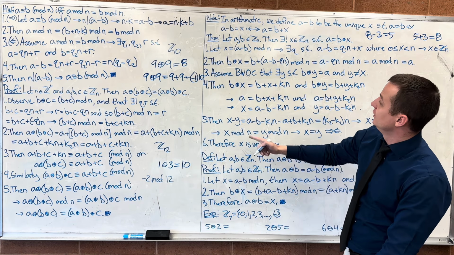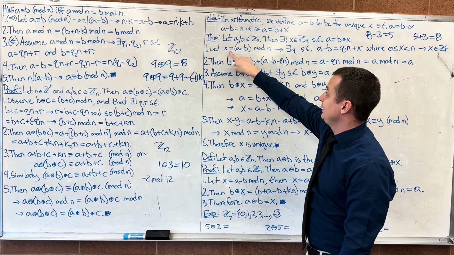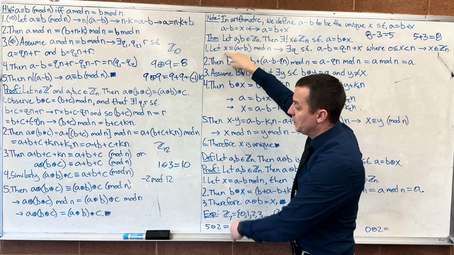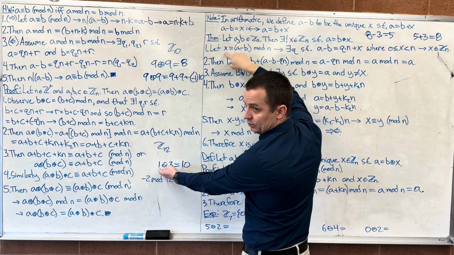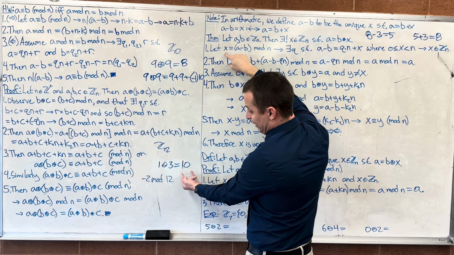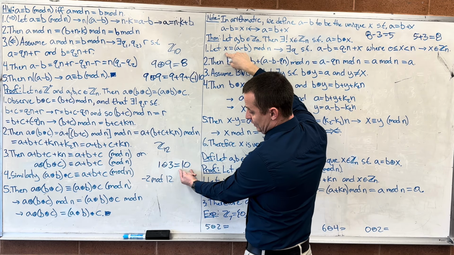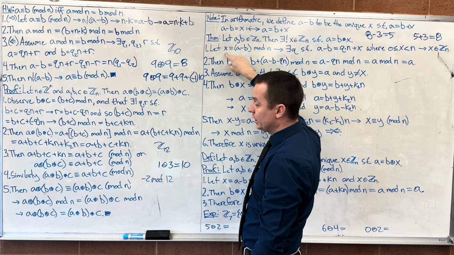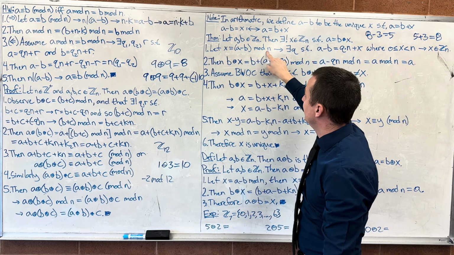So we're going to say, right out the door, let x equal a minus b mod n. I'm going to prove that x is what we were trying to get at with this minus symbol. So same way that you calculate that 10. How did you get that 10? You did a minus b mod, whatever the n is.